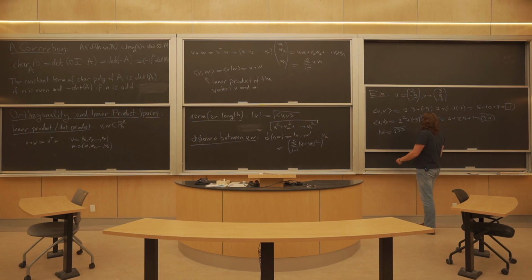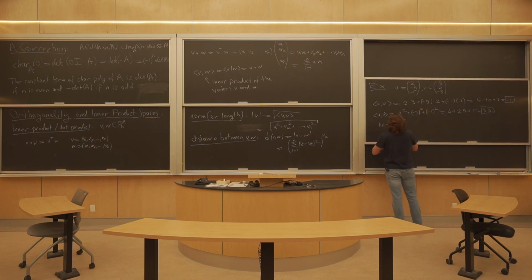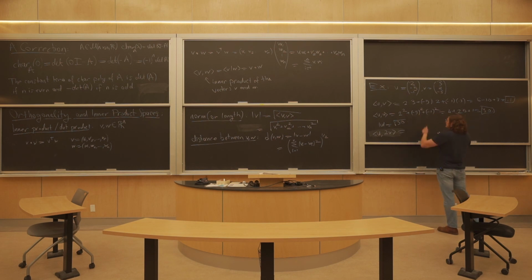Let's look at the inner product of v with itself. Or maybe I should do this. Let me look at the inner product of u with twice v. Okay? So this is 2, minus 5, minus 1, inner product with 6, 4, minus 6.